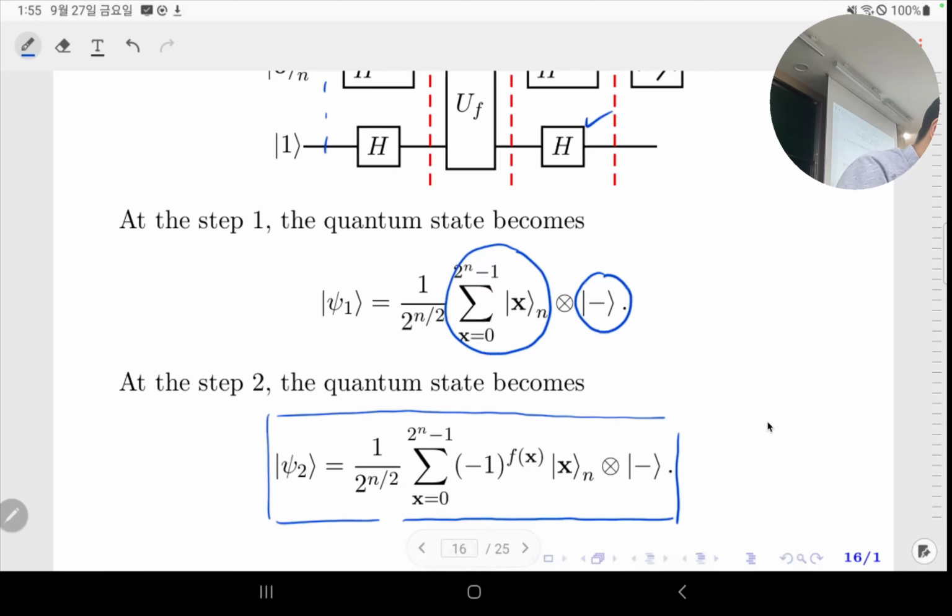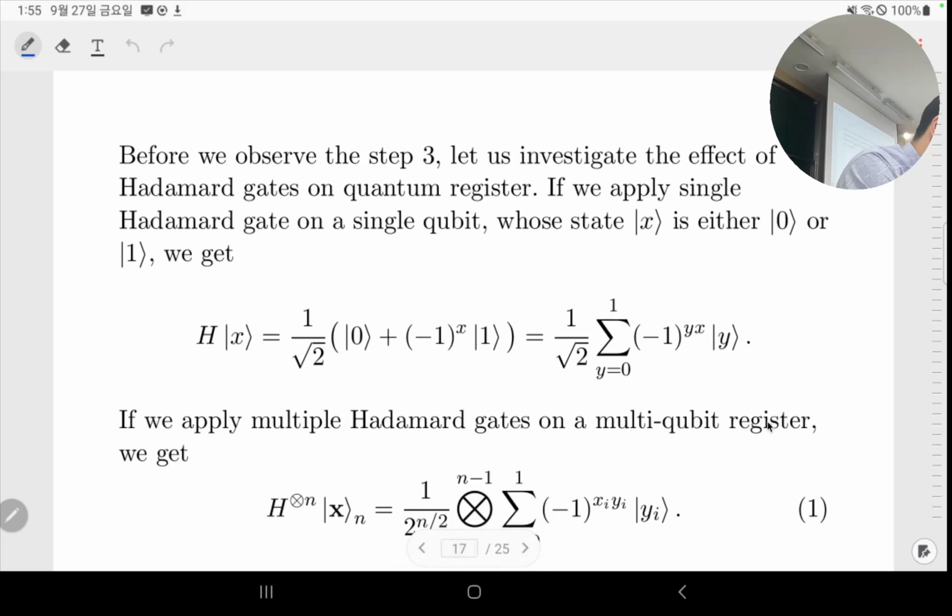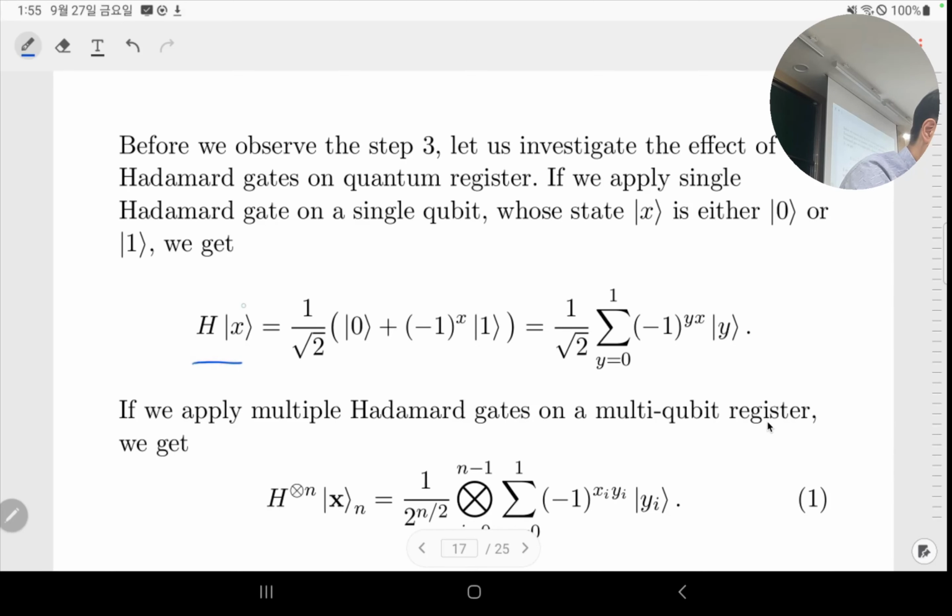And then let's think about when we take the Hadamard gate. Let's think a little carefully here, from a different perspective. What's the formula when I take the Hadamard gate on the base state? x is either 0 or 1, and based on whether it's 0 or 1, it has this formula.